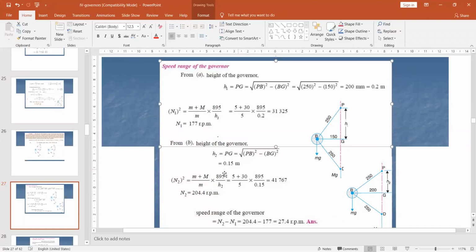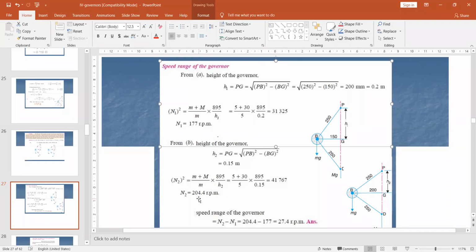From that, we find the N2 value. N2 square equals (small m plus capital M) by small m into 895 by H2. Substituting the given values, (5 plus 30) by 5 into 895 by 0.15, N2 comes to nearly 204.4 RPM.